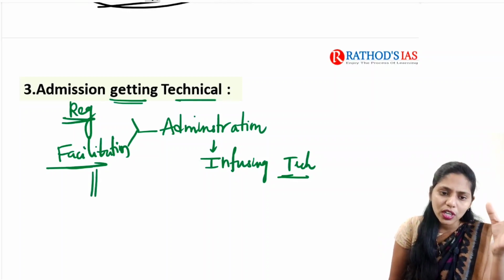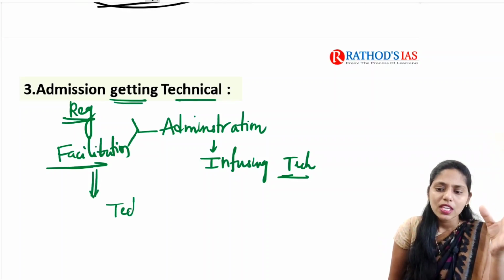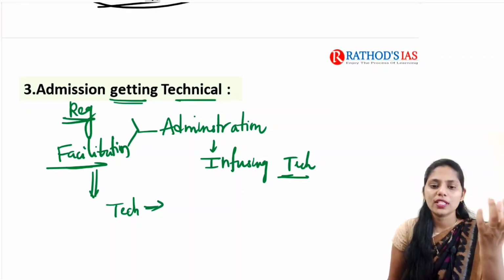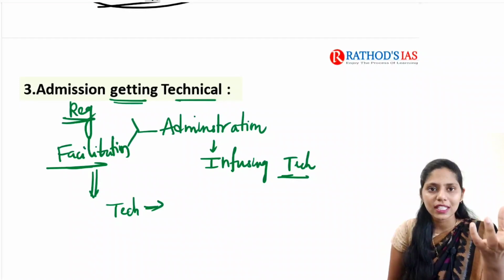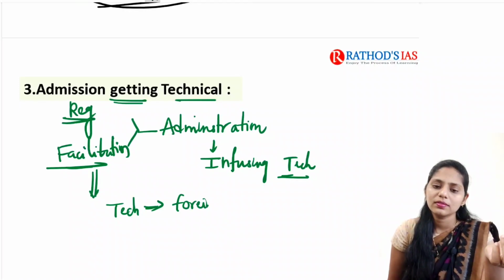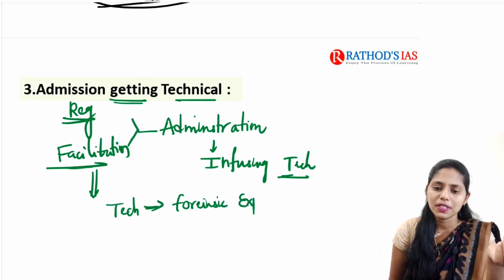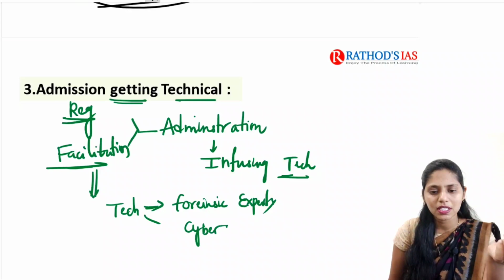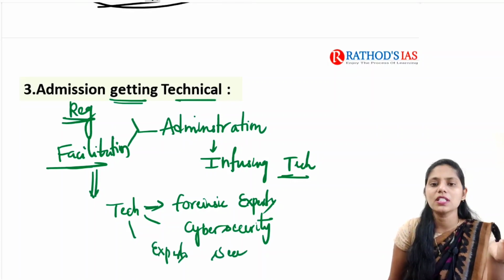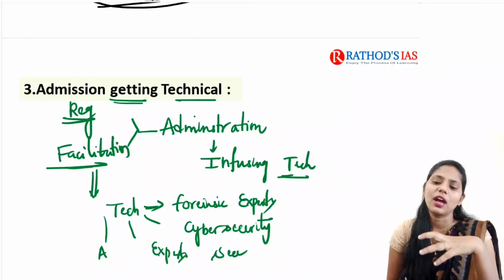Because we are using technology, we need to induct some technocrats, for example forensic experts and cyber security experts. There are a number of challenges that we are seeing because of cyber warfare. You can also talk about security experts and architects, etc.